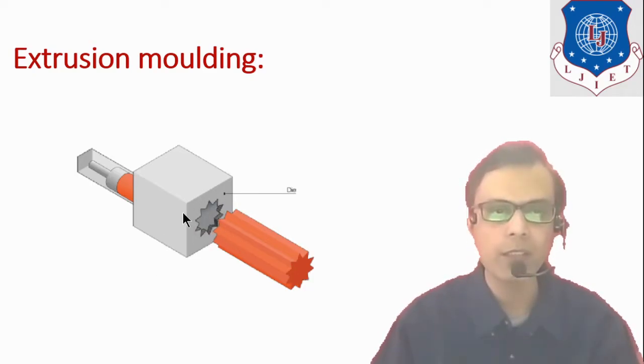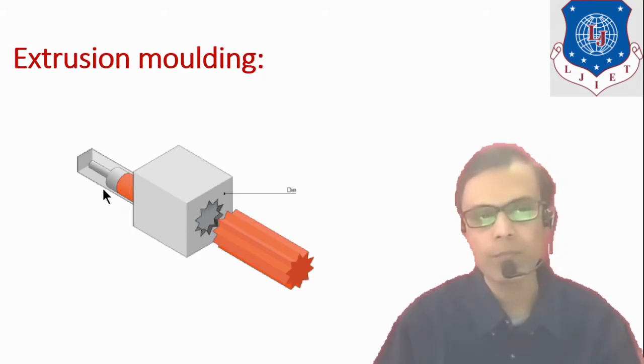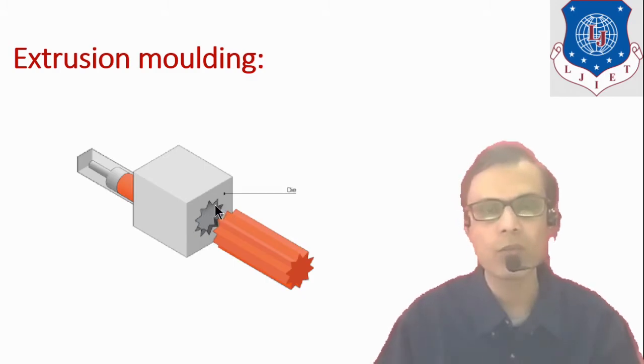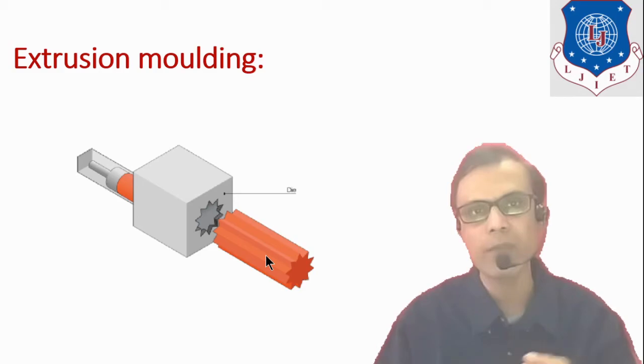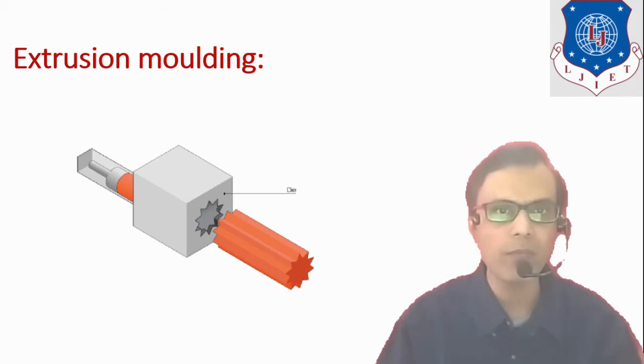Now by using this die, we are pressing this molten plastic with the help of this plunger, and when this molten plastic comes out through this die, it will get the exact shape and size that was given to the die, and you can see in this diagram how the specific shaped product is manufactured.